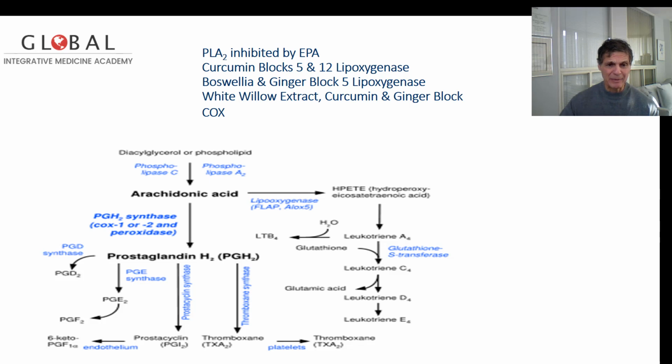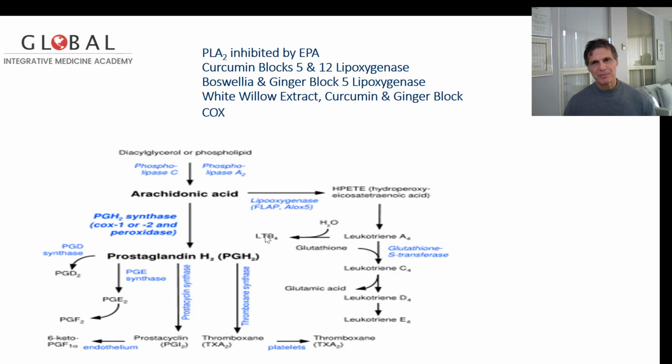So once again, you would see that arachidonic acid would be released from the phospholipid structure via phospholipase A2. It forms many prostaglandin series 2 agents that produce inflammation, and in white blood cells, arachidonic acid via lipoxygenase becomes very inflammatory leukotriene B4.